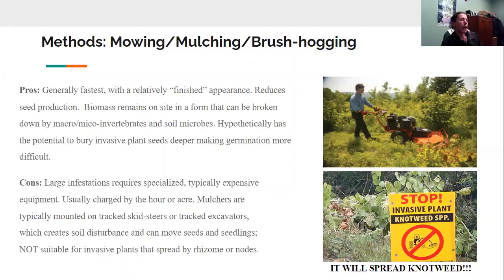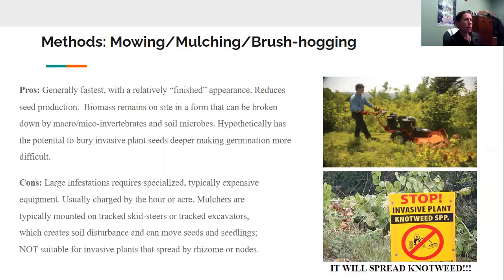And any biomass, such as if you leave the clippings or the leaves on the ground, it will provide nutrients to your soil because it will break down. And then hypothetically, there's a higher potential for the invasive plant seeds to be buried, making germination more difficult. So those are the pros for mowing.